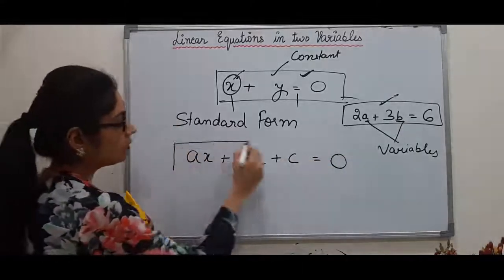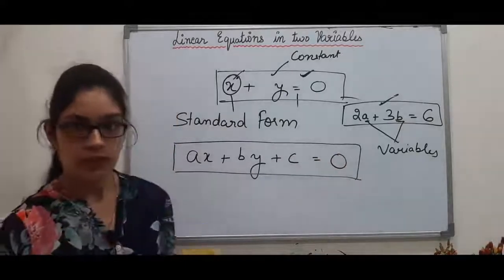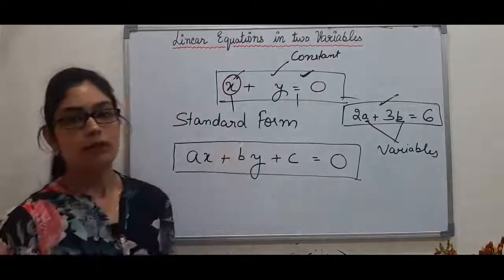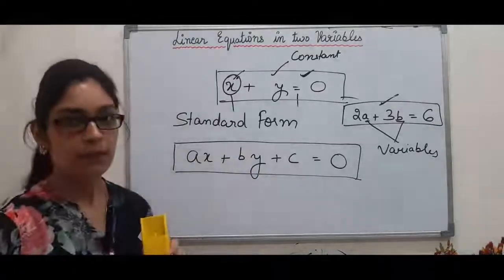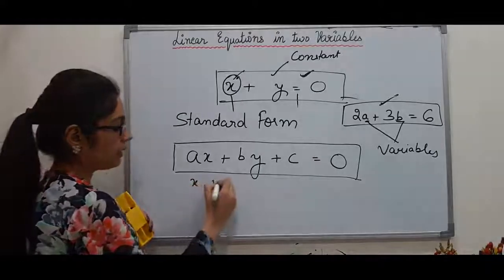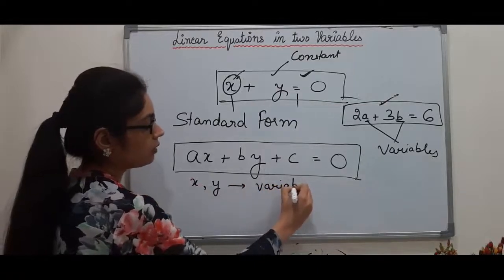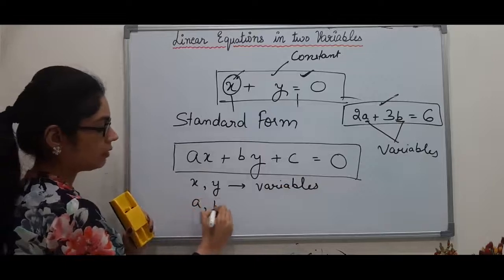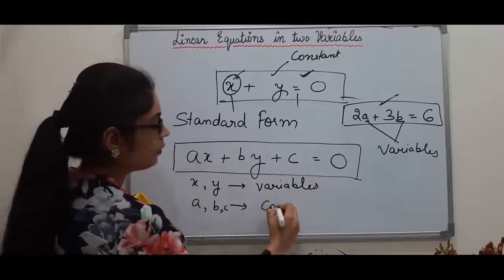This is the standard form. In this equation x and y are the variables. Don't get confused because I have written a and b. Here a and b are not variables. x and y are the variables. Then a, b and c are the constants.